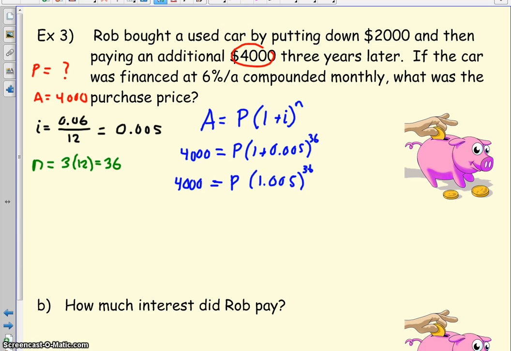And if we want to isolate for P, this is what we need to divide both sides of the equation by. So I'm going to divide this side by that, so they cancel. Then again, we have to do the same thing to the other side.